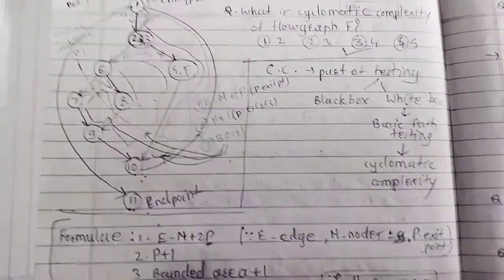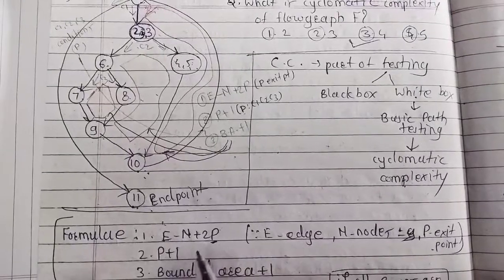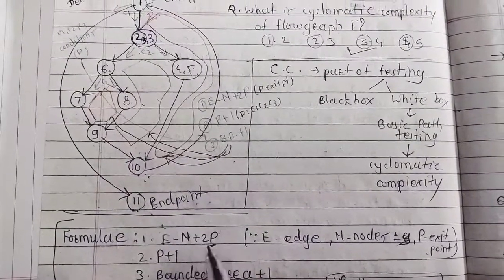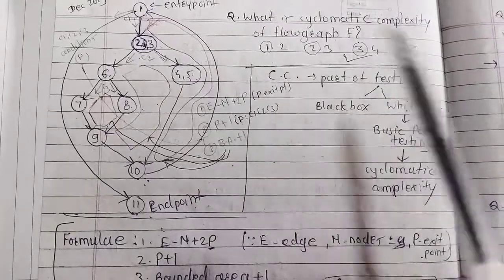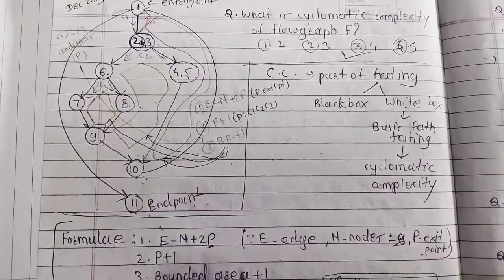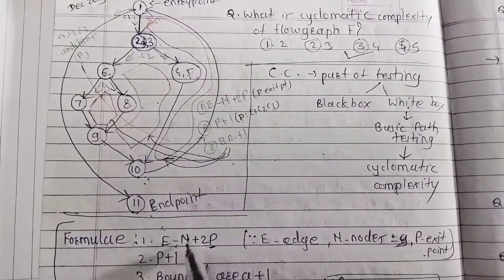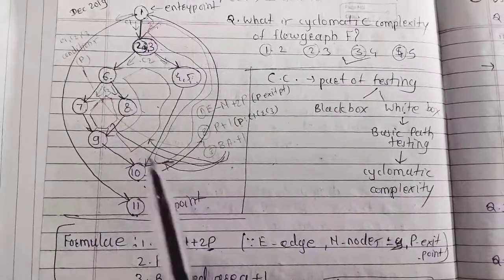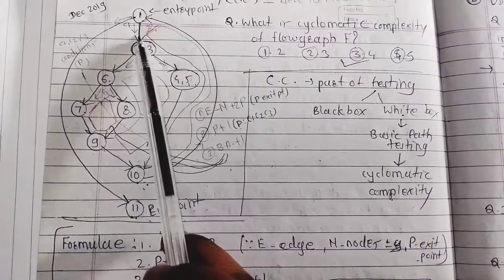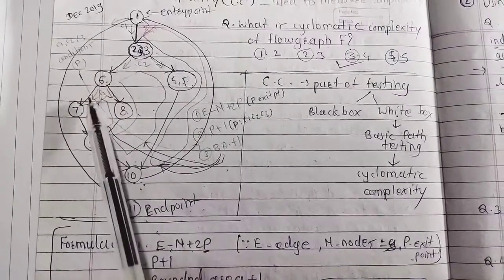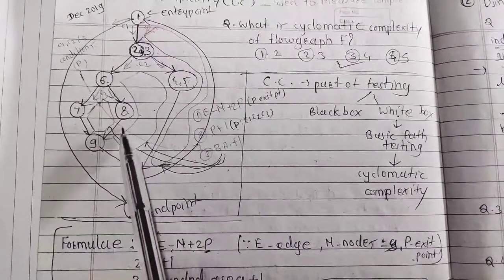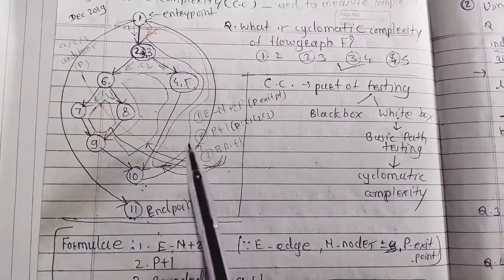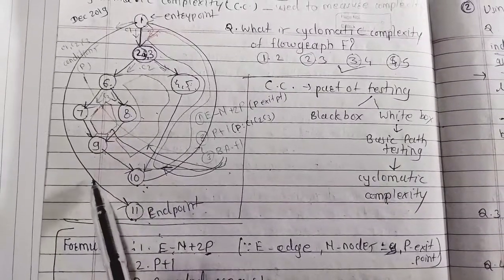If the answers of these 3 formulas are the same, then that will be the answer for our question. First find E minus n plus 2p. What is E? The number of edges. How many edges? 1, 2, 3, 4, 5, 6, 7, 8, 9, 10 and this one is 11.